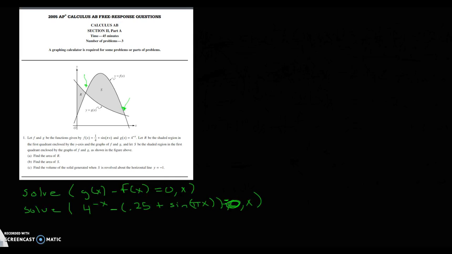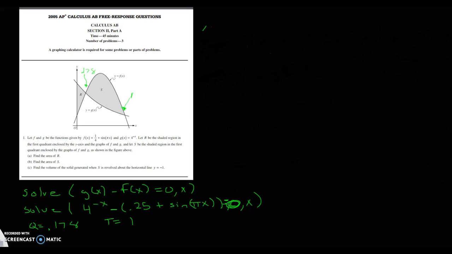When you solve this, you're only looking for the points in the first quadrant. The first point is going to be 0.178. The second point is going to be 1. You could call this Q and T, it doesn't matter. So let me write it up here: 0.178, and this is 1 comma something.